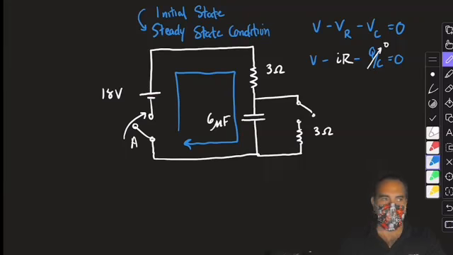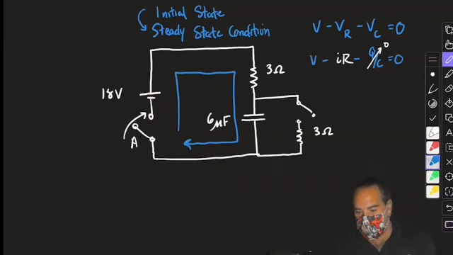Don't be fooled though, a long period of time in circuits can be milliseconds. But we consider the steady state condition to be the long-term condition of the problem. The initial condition assumes generally that you're just closing the switch. If the capacitor is charged, you have to be told, otherwise it's assumed that it's uncharged.